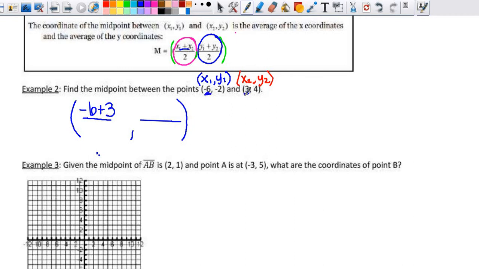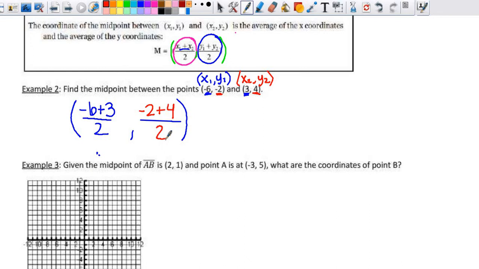Those are in my x spots of these coordinates. And it says to divide it by 2. Now, I'll take my y's, -2 and 4, and add those together. Notice this one is x1 plus x2 and y1 plus y2, because when you're adding, addition is commutative, so it does not matter the order.